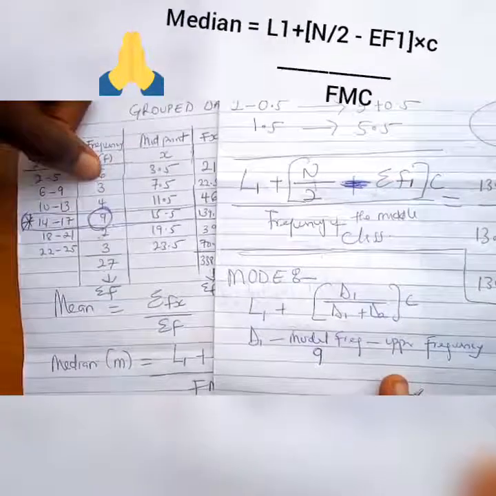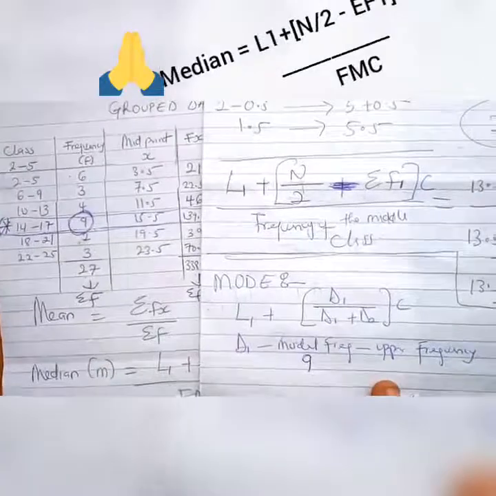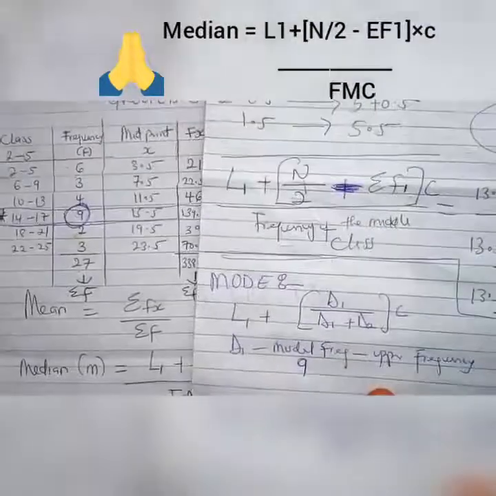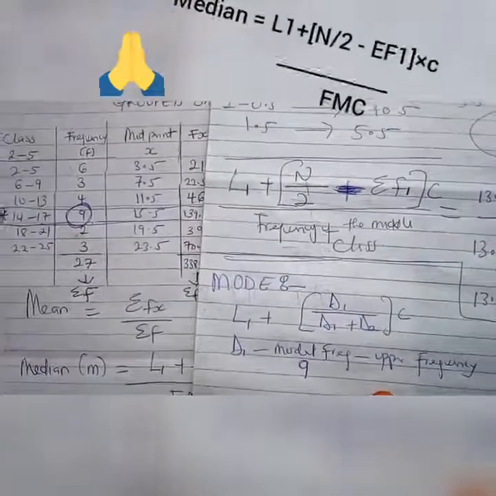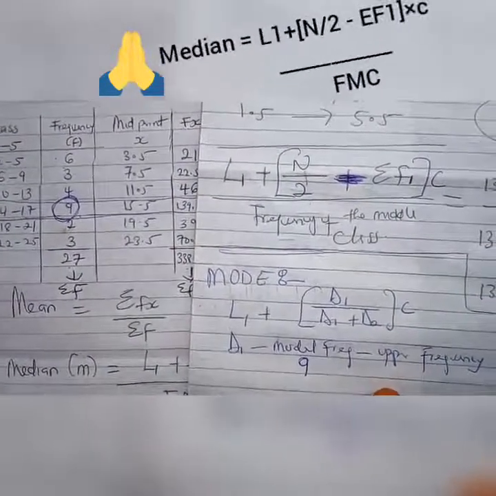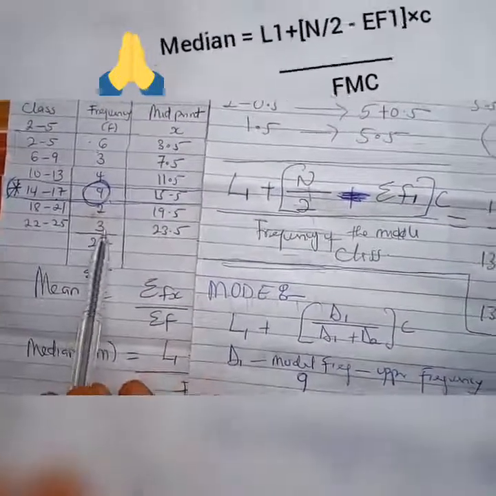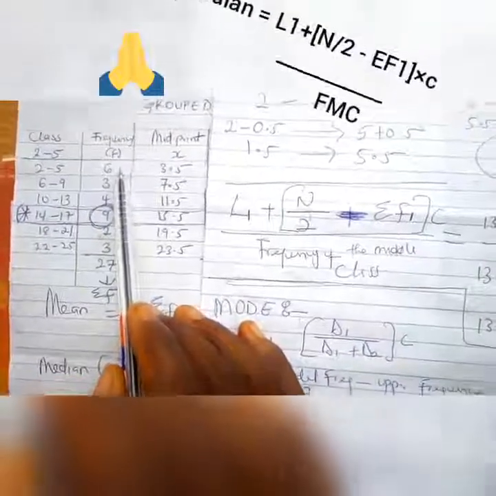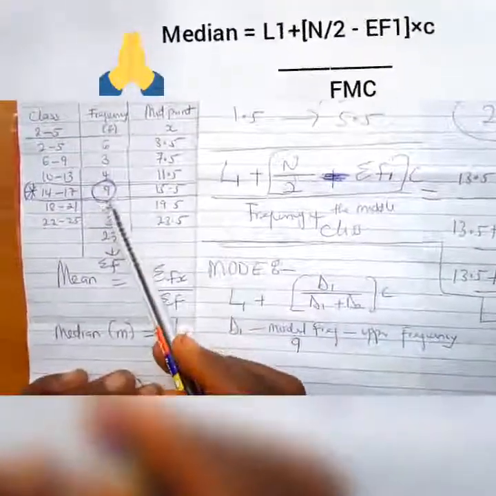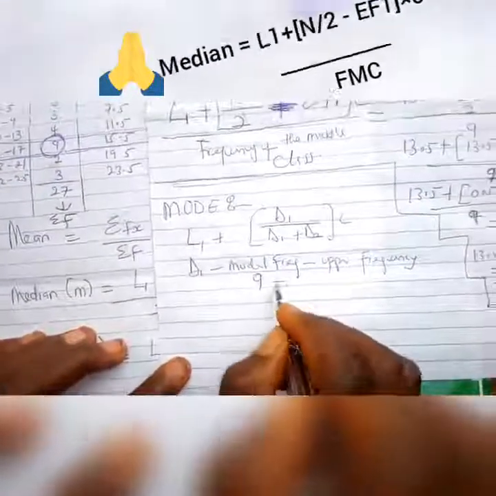Maybe assuming you're having 9 here and you have something like 15 here. So your modal frequency and your middle frequency do not necessarily fall on the same frequency line. Your modal frequency can fall down here and it can fall at the upper part here. But the modal frequency from the look of things here is 9, because 9 is the highest number here, and that is why we are making use of 9 minus the upper frequency.